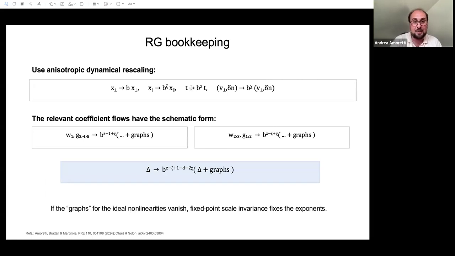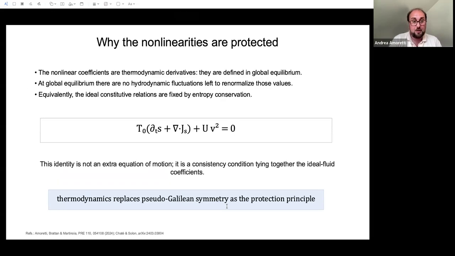You set an anisotropic scaling for your system, and you perturb your system, and you generate the scaling of how these nonlinear terms must run according to the renormalization group. Okay. Now the point is, if the graphs, so this perturbative correction, vanish, the fixed point scale invariance just fixes completely the exponents. Okay. What is our proposal?